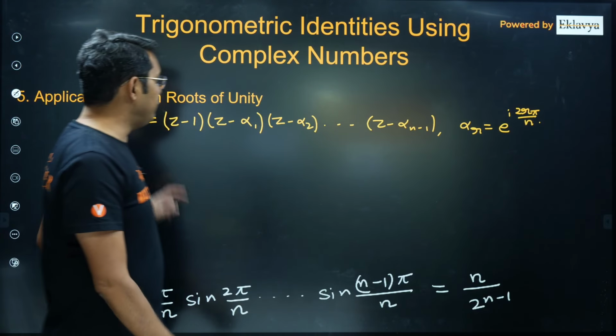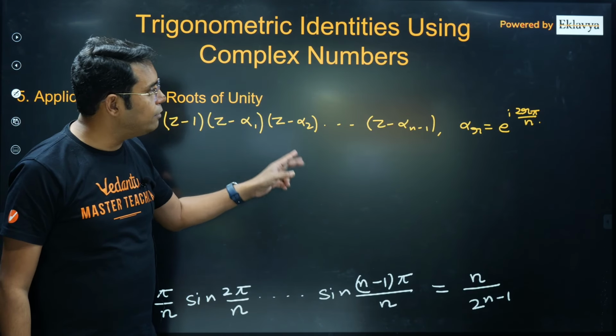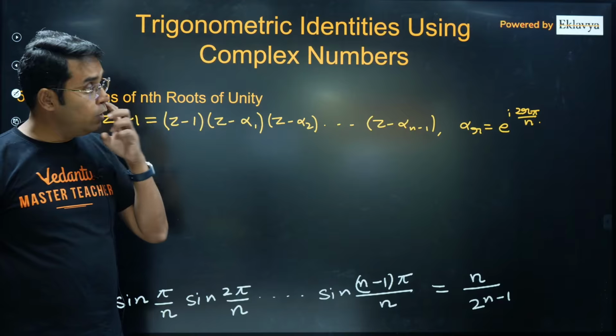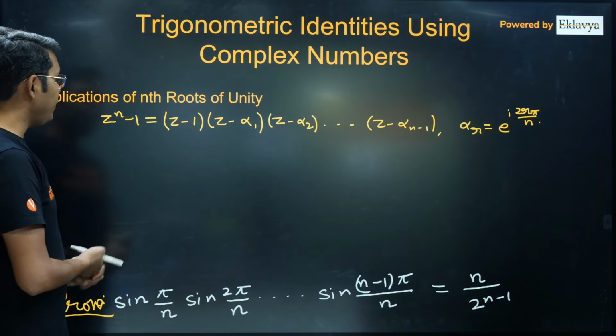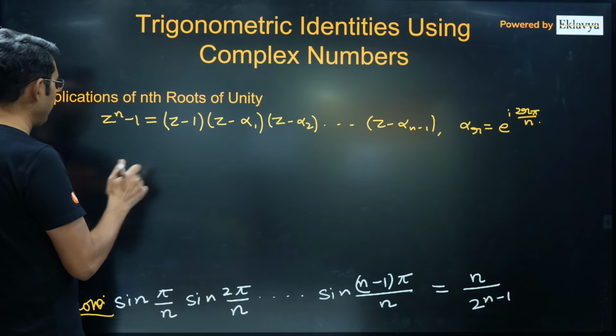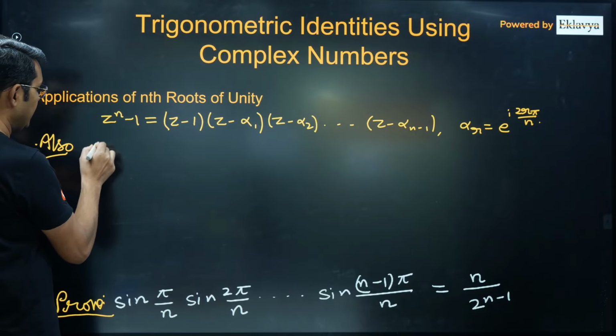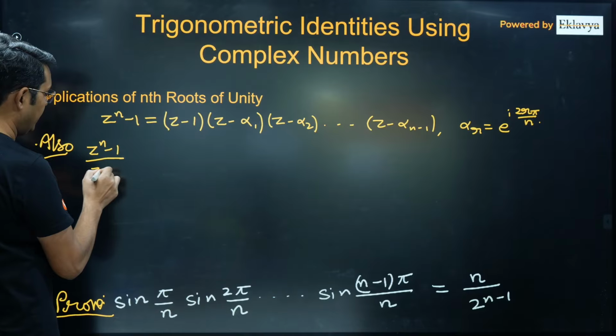Like if you take alpha 1, it will be e power iota 2 pi by n. If you take alpha 2, it will be e power iota 4 pi by n, and so on. Now what we have to do, if I do some substitution, before that please understand, we can also write this same expression as z power n minus 1 upon z minus 1.